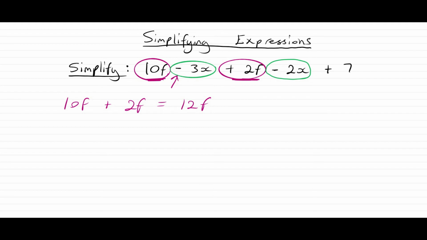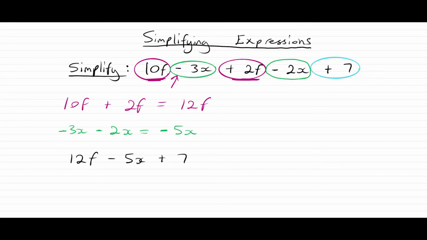And you can combine them again by doing minus 3x minus 2x, and you should know that's minus 5x because it's like you're adding negatively. And then also you've got a plus 7 left on its own, which you're just going to add to the end of this whole thing. So when you combine everything, you will have 12f minus 5x plus 7 as your final answer.